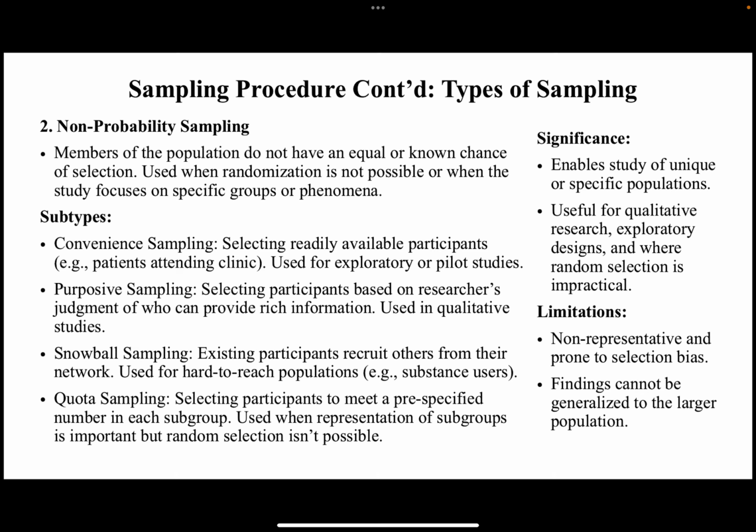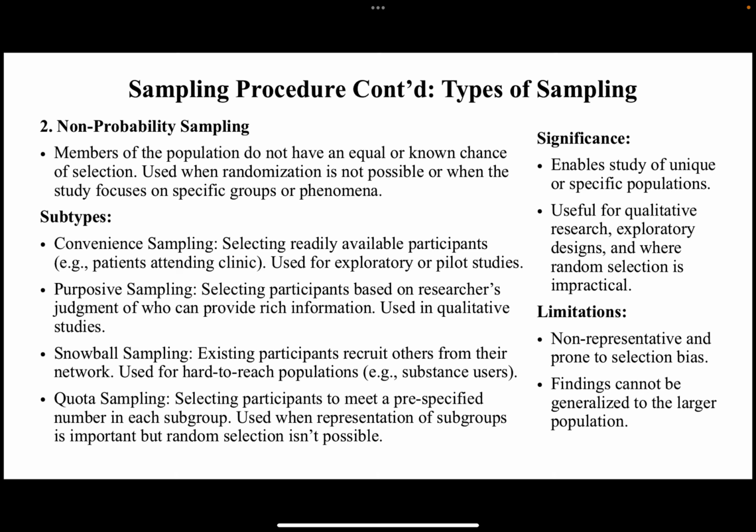Now, the last sampling procedure under non-probability sampling is quota sampling. Now, what is quota sampling? Quota sampling basically involves selecting participants until a required number for each subgroup is reached.